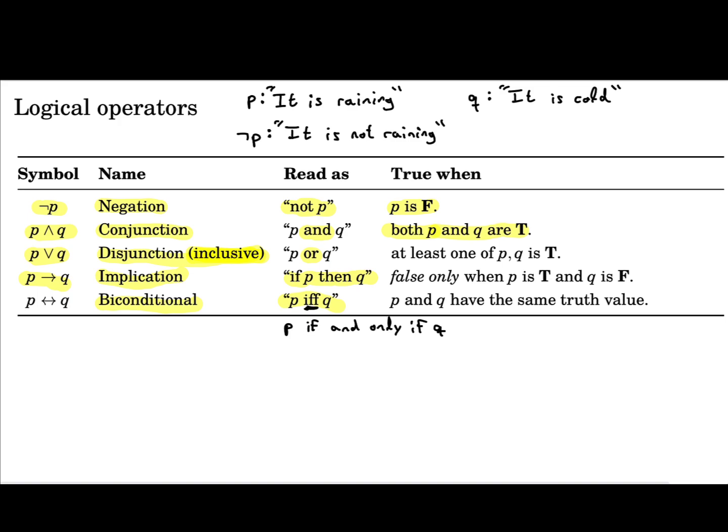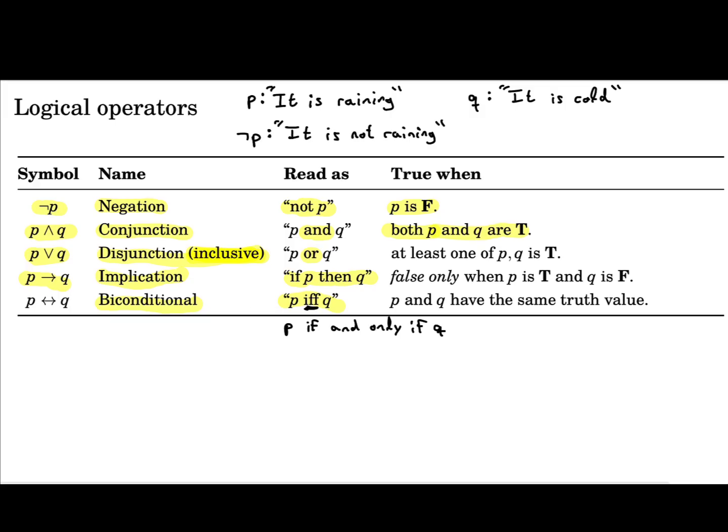This will be true when P and Q have the same truth value. So we say that it is raining if and only if it is cold. That means that if it is raining, then it has to be cold. And if it's not raining, then it has to not be cold. So they both have to be true together or false together.